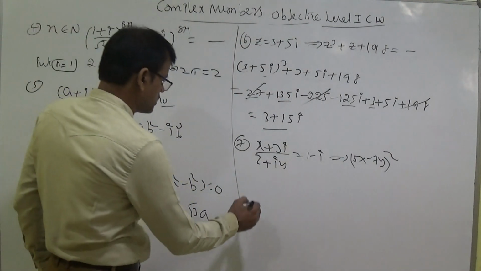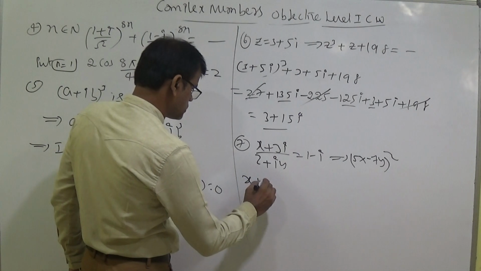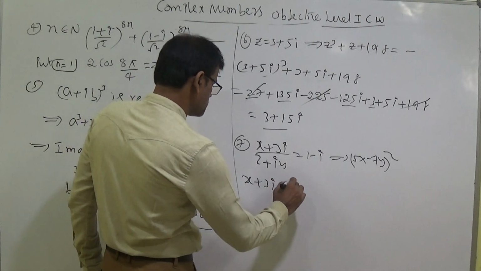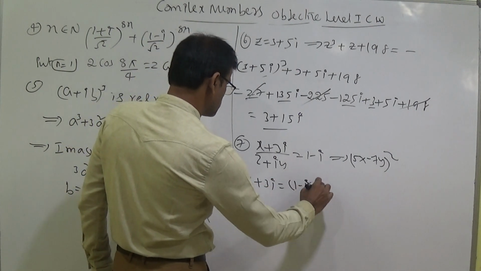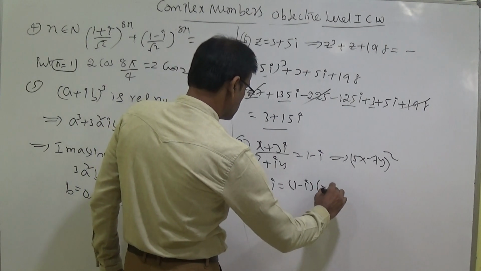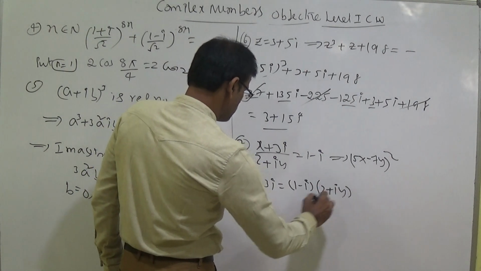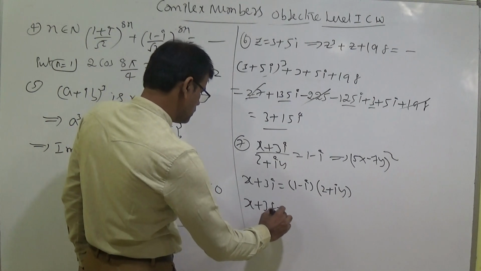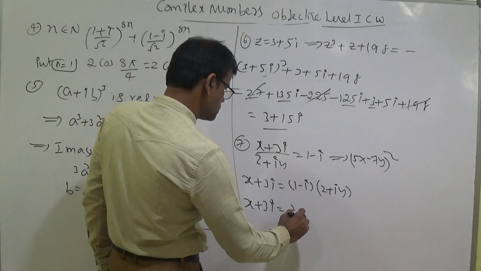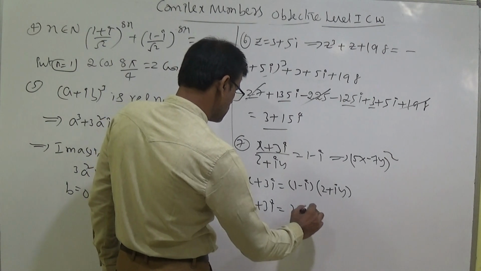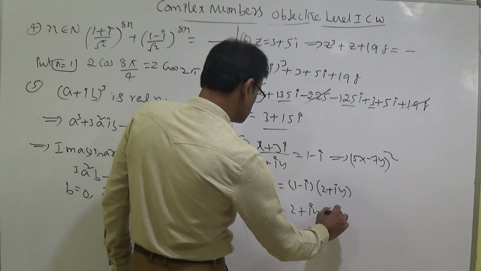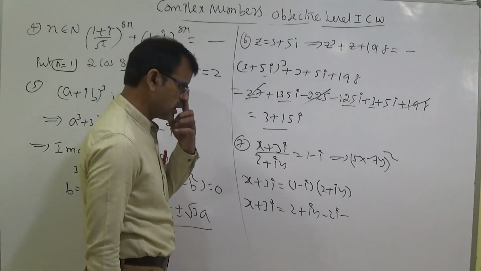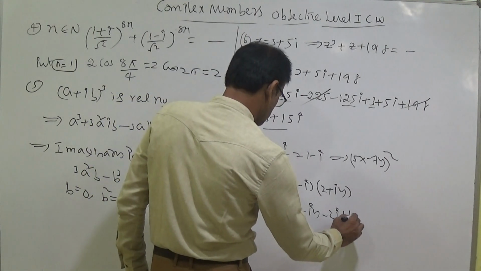x + 3i is equal to, by cross multiplication, the value (1 − i/y)(2 + i). Multiply here: this is a 2, plus i, minus 2i/y, and minus i², it becomes plus y.